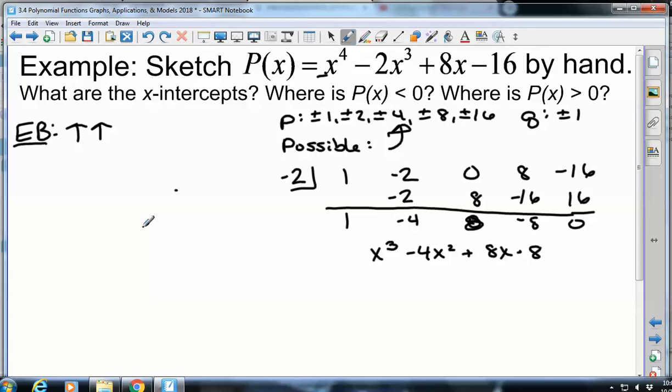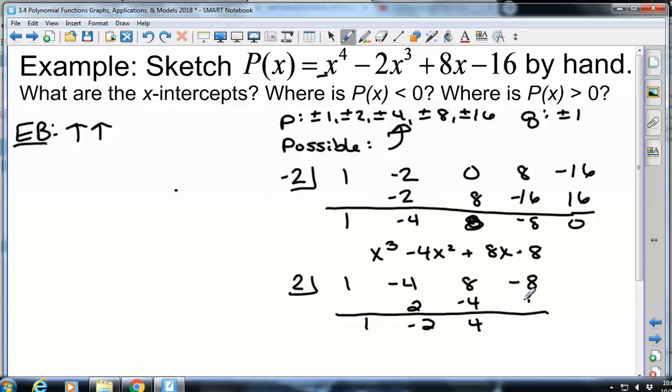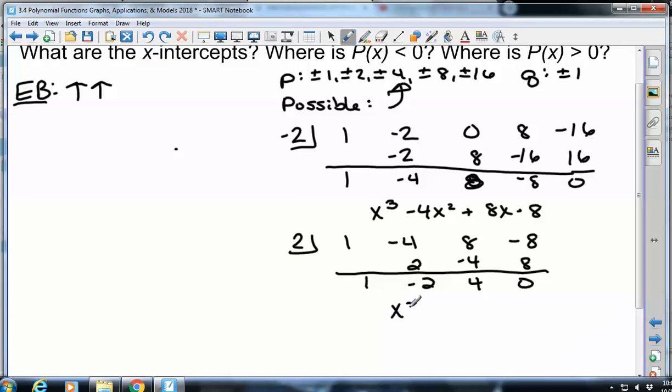Synthetic again. So find another one that works. +2. And so I get x squared minus 2x plus 4.